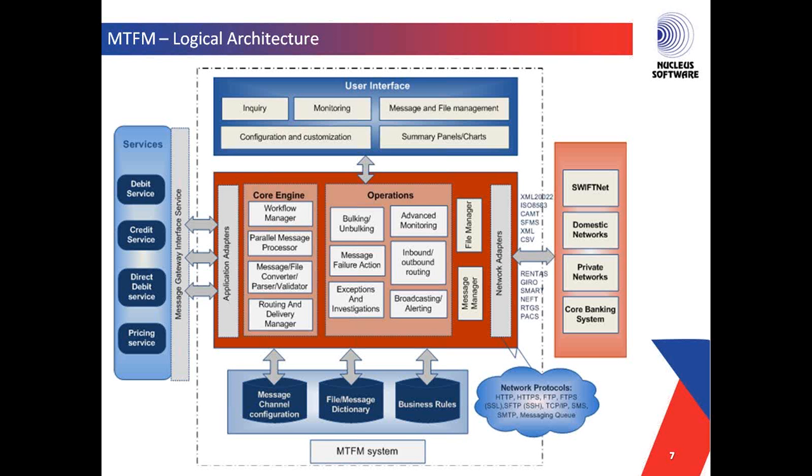The workflow manager derives which message type has been received, because an external system won't be able to tell what message has been sent. Once the message lands up in the bank, someone will have to figure out what kind of message has been received. Just as an example, it could be an NEFT message, it could be an RTGS message, it can be a SWIFT message if there are international transactions happening.